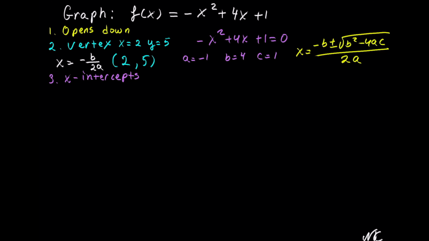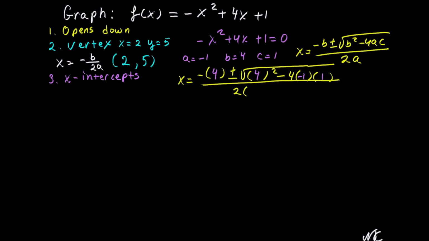So our quadratic formula is x is equal to negative b, and b is 4, plus or minus the square root of b squared, where b is 4, minus 4 times a times c. A is negative 1, c is 1, over 2 times a, and a is negative 1.